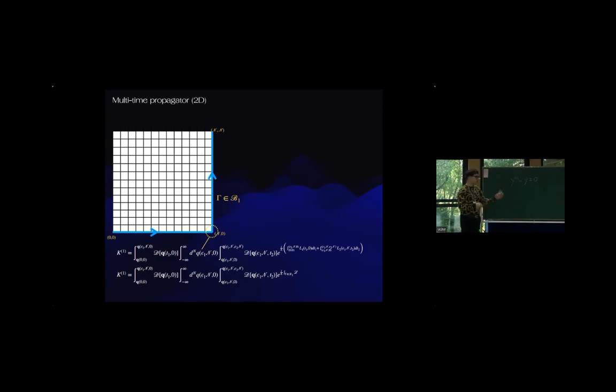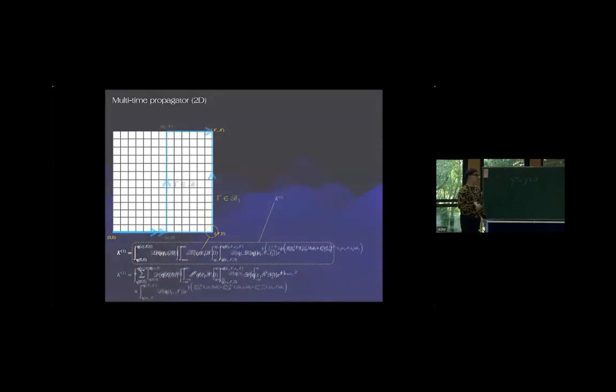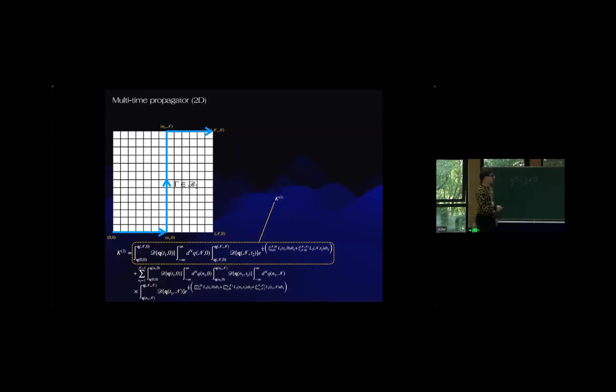And so next we're going to consider this type of path in 2D space, which again I call gamma. But I say that this gamma belongs to a new family, which I call B2 here. Why is that? Because you can move the vertical line here from this side to this side, right?